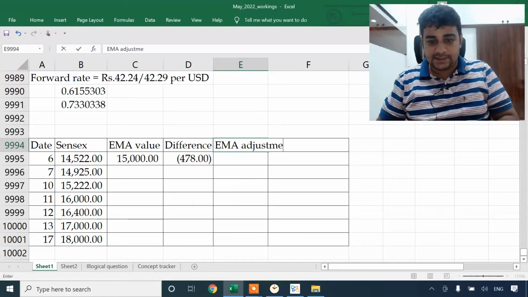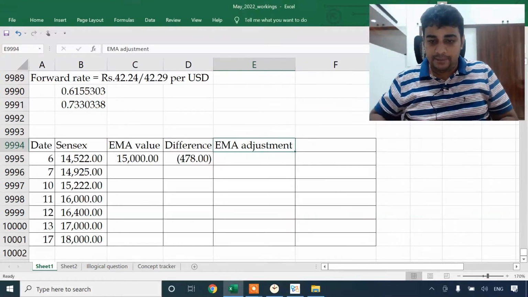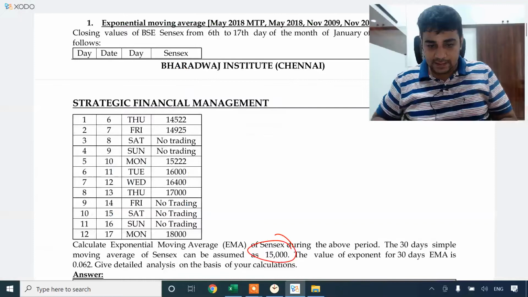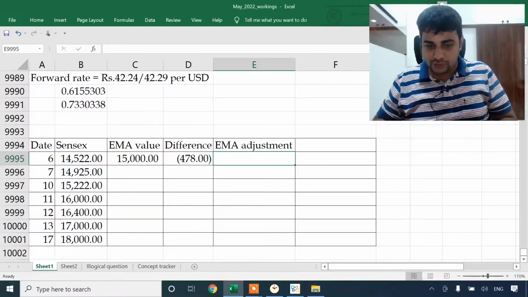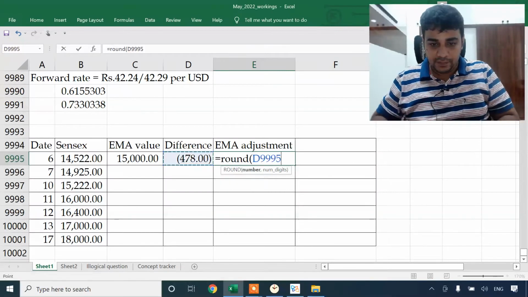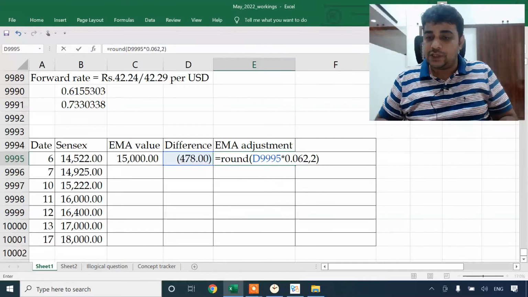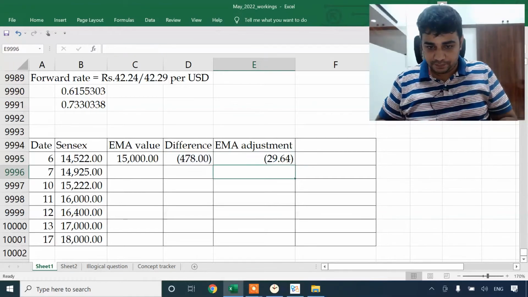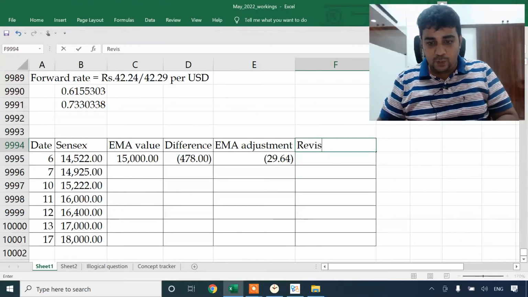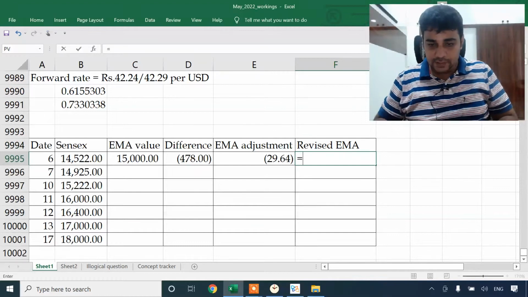The EMA adjustment uses the exponent value given in the question, which is 0.062, so the difference is multiplied by 0.062. And then the revised EMA value, which is basically the closing EMA, is what they wanted.